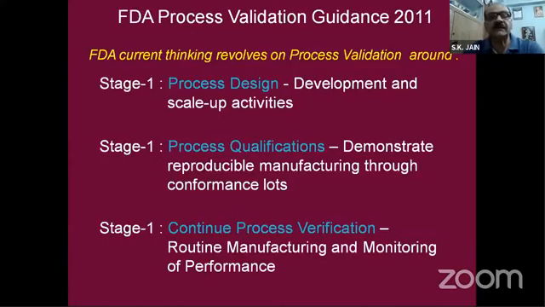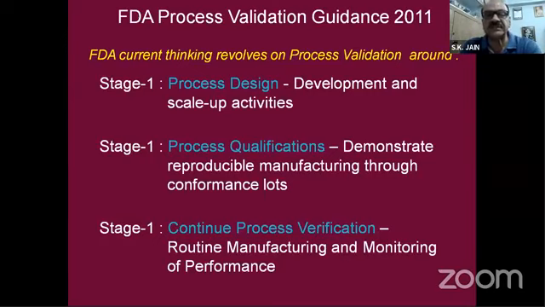Then I will talk a little bit about the process validation guidelines of 2011. The FDA's current thinking evolves on process validation around process design, process qualification, and continued process verification. Mr. Manoranjan will take all these aspects and elaborate on these different stages of process validation.